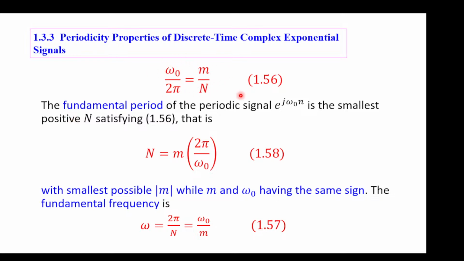It is a bit confusing, but if you have some omega naught, you can solve for the smallest possible N that satisfies this equation, where m is also an integer. Then the fundamental frequency is actually not omega naught. The fundamental frequency is 2 pi divided by N, which from the equation is omega naught divided by m.